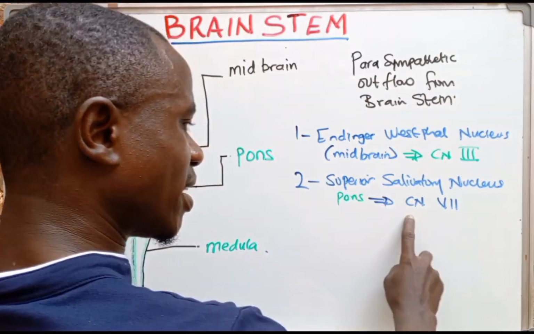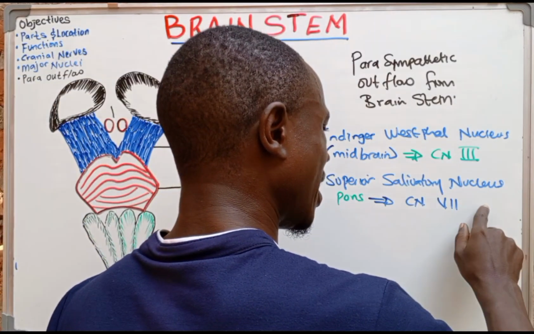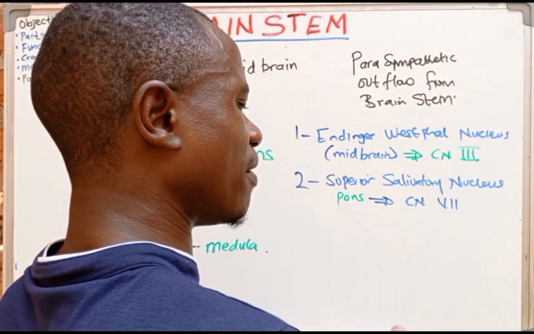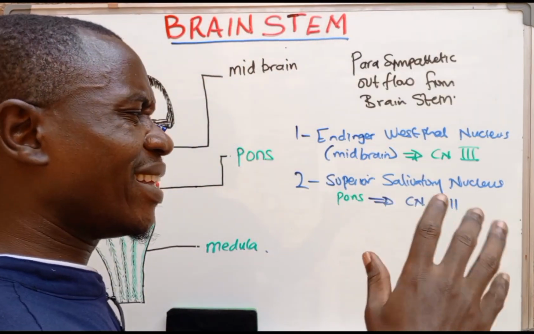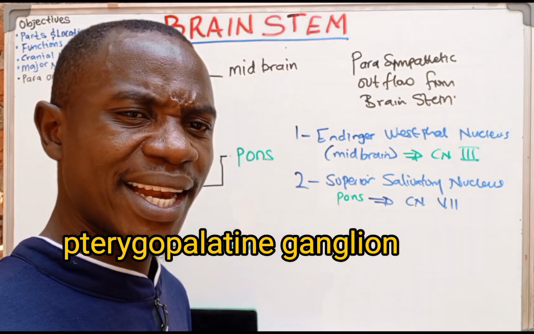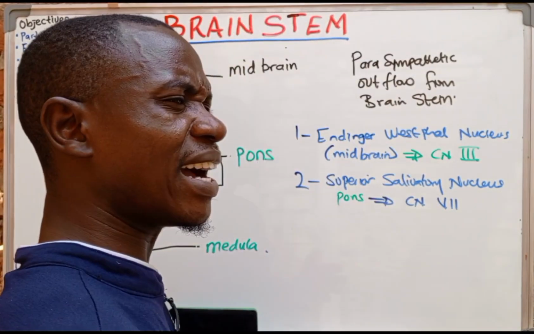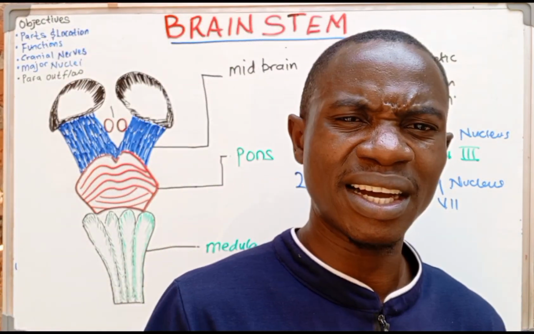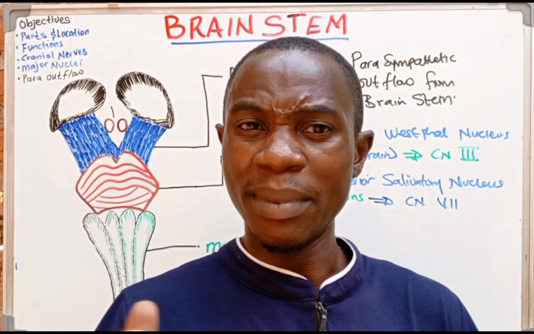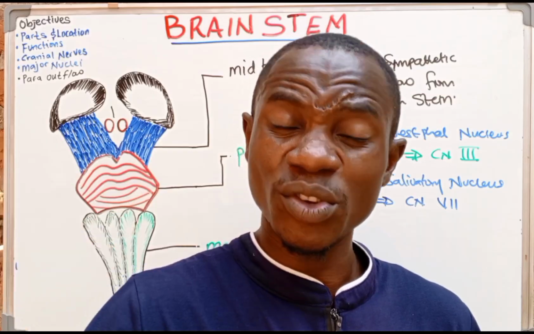So now these parasympathetic fibers which are leaving the superior salivatory nucleus through cranial nerve number 7, the facial nerve, are going to be terminating in the pterygopalatine ganglion, and then from there the post fibers are going to be leaving and going to different structures, like the sublingual and the submandibular salivary glands, leading into the salivation process.